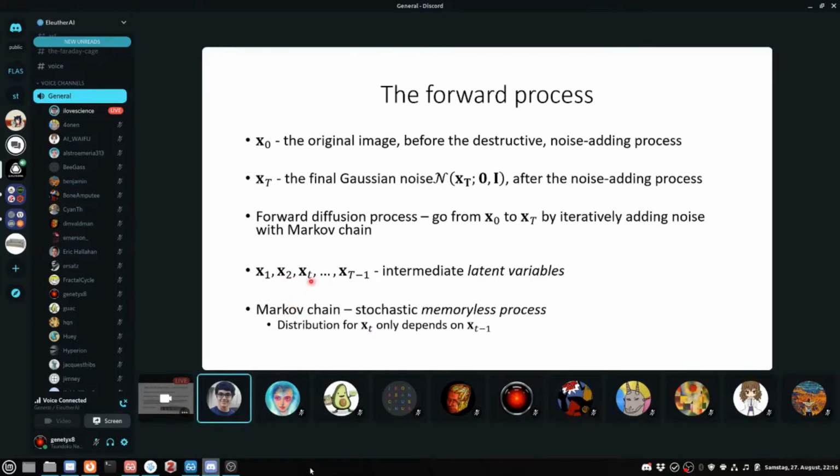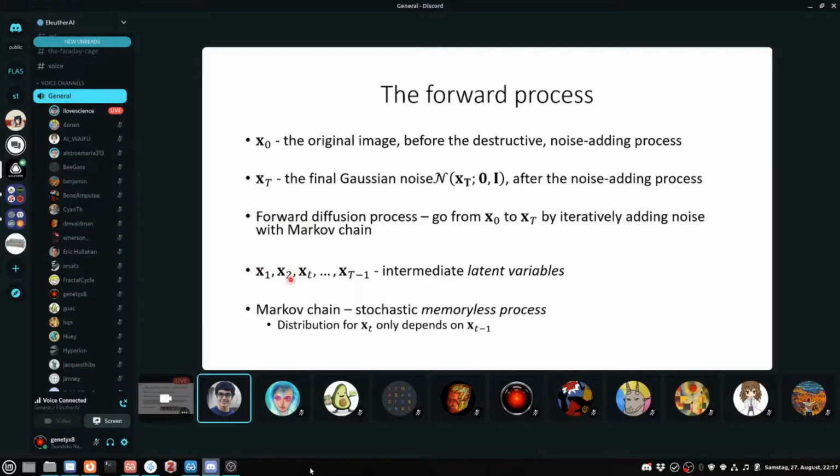Going from xt minus 1 to xt only depends on xt minus 1. We don't need any of the previous time steps, just the last one, in order to produce the following time step. That's what is referred to as a Markov chain, and that's what we have with the forward diffusion process.